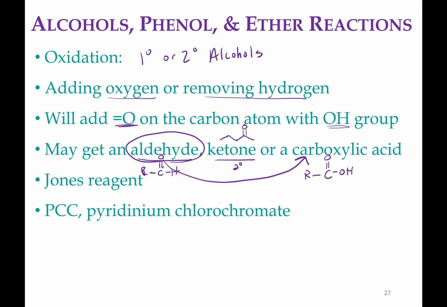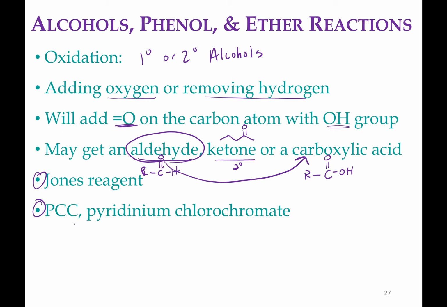There are a couple different types of reagents we use. Generally, the most useful reagents for oxidizing primary and secondary alcohols are going to be some type of chromic acid derivative. So two examples of these are the Jones reagent and pyridinium chlorochromate. Jones reagent is actually a solution of sodium dichromate in aqueous sulfuric acid.